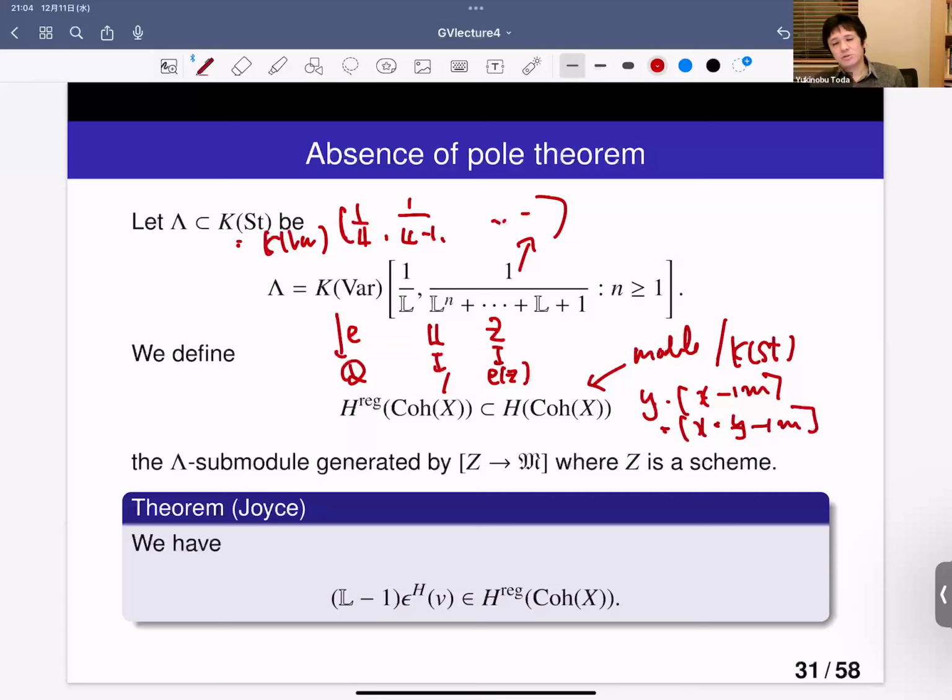With respect to this natural product, I'm taking its submodule, but the submodule over here is generated by Z, where Z is a scheme, not a stack. Because the Euler number makes sense on Lambda, and also the Euler number makes sense for schemes, this means that the Euler number map makes sense over here.